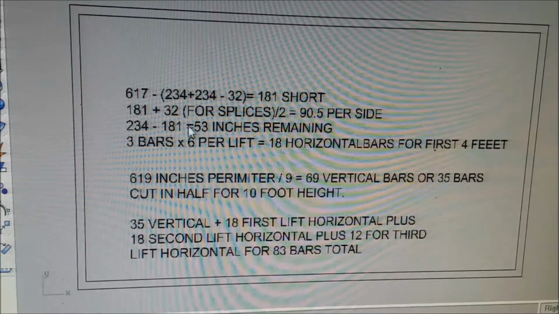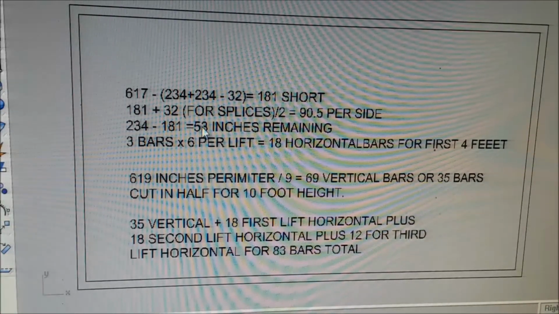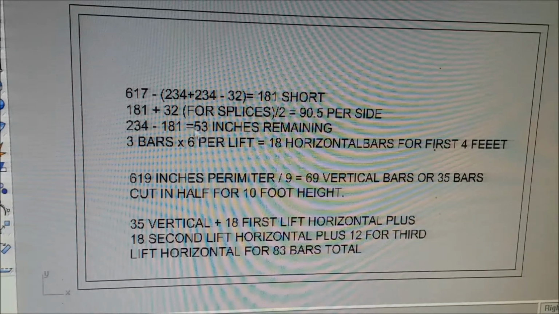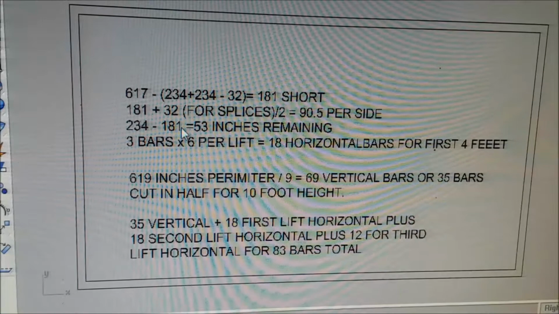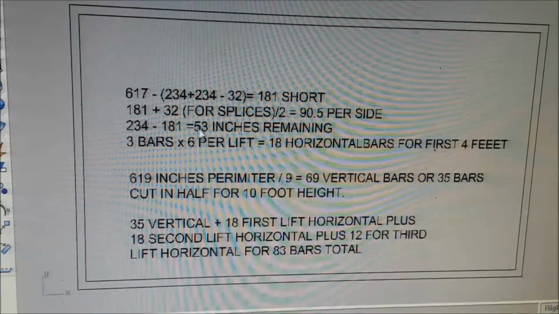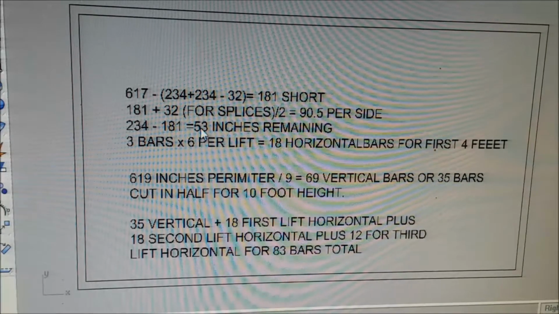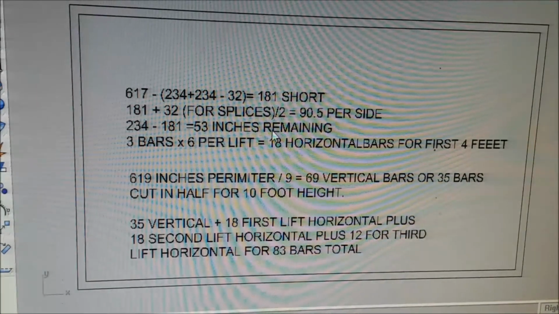And it's got this 53 inches left over after you've done all your lengths up there. No, these are the horizontal bars. Yeah, we're doing horizontal bars. That's why it didn't make sense for a second. Okay, so once we make a whole loop of a horizontal bar, we've got 53 inches remaining. We're going to use them later.